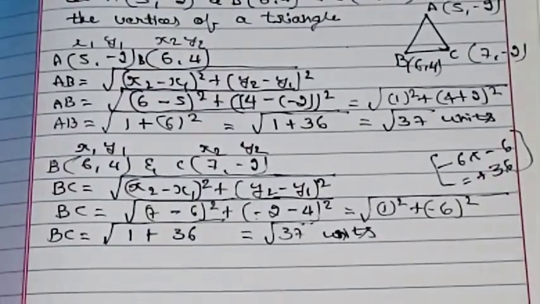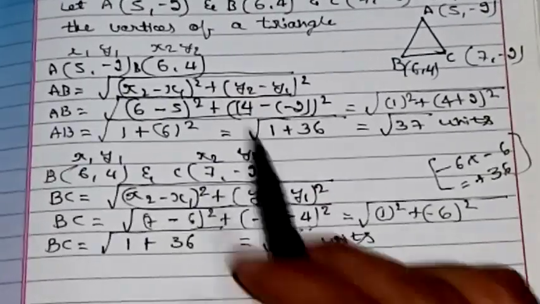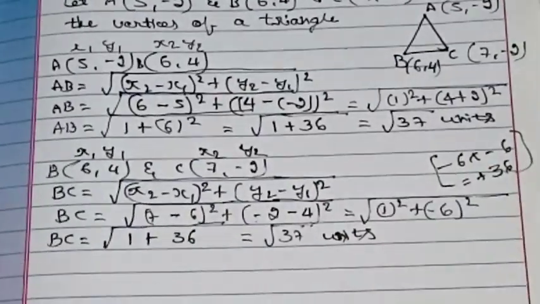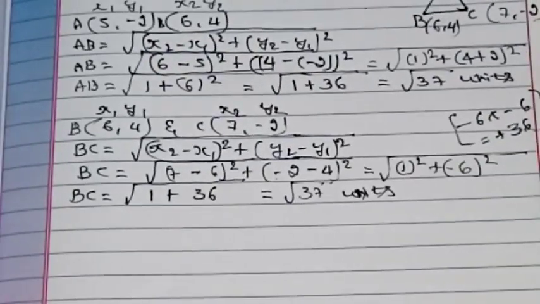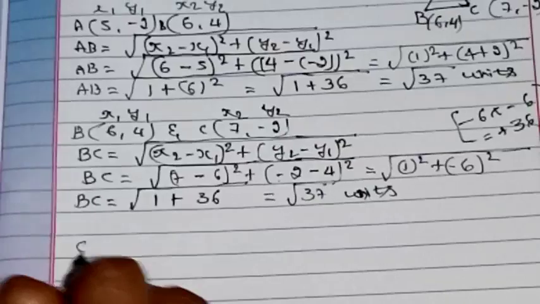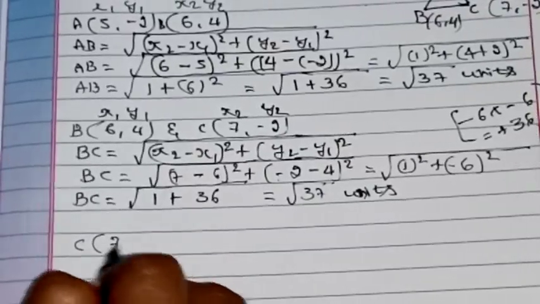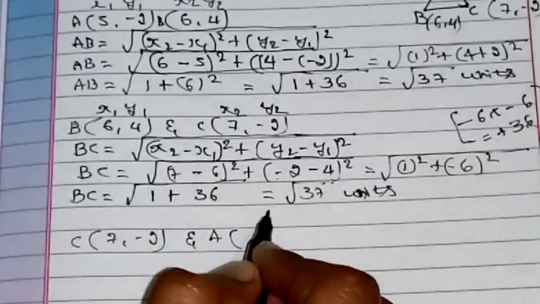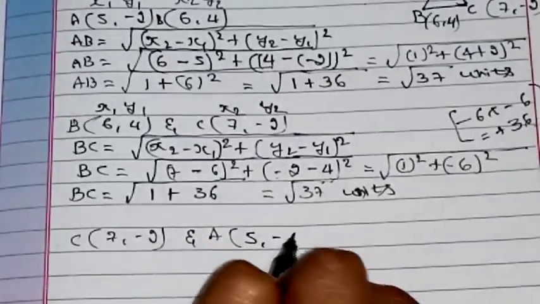Right? Root 37 units. Now, you have found the value of AB, you have found the value of BC. Now, find the value of CA, children. So, what are the coordinates of C and A? C is 7 comma minus 2 and A is 5 comma minus 2.